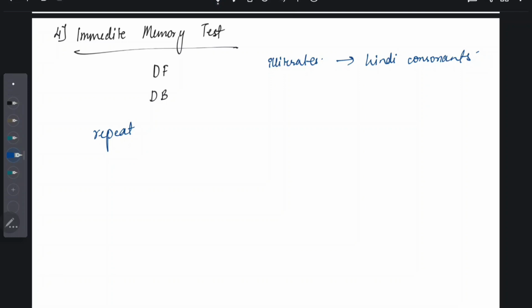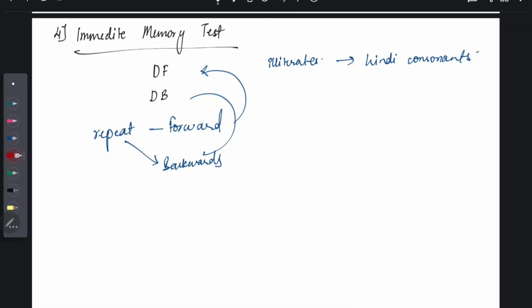So for digits forward, you have to repeat it just as I'm saying, and for digits backward, you have to say it backwards. So here they can have a maximum score for digits forward as 9, and for digits backward, the maximum score that they can have is 6.